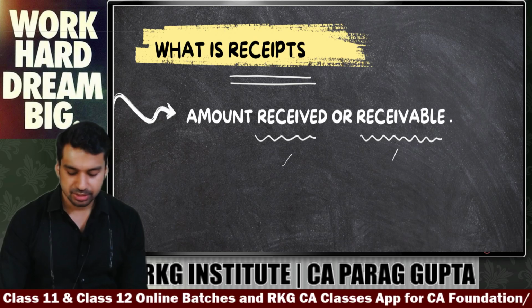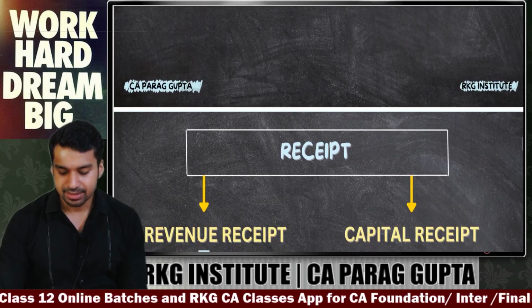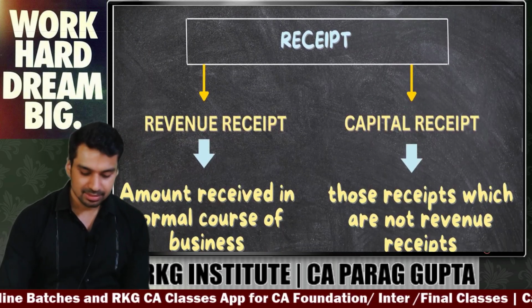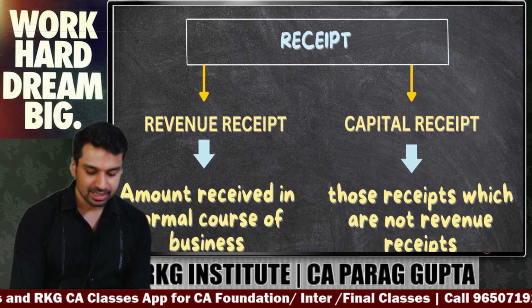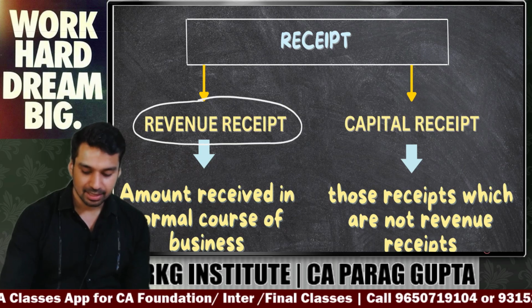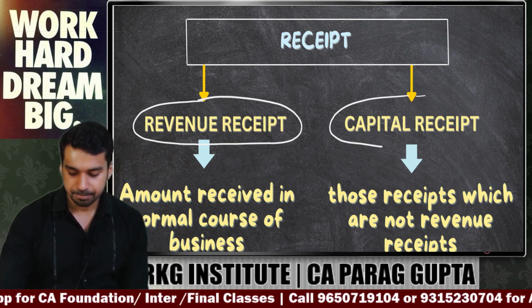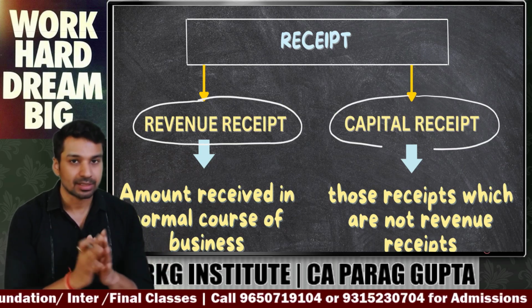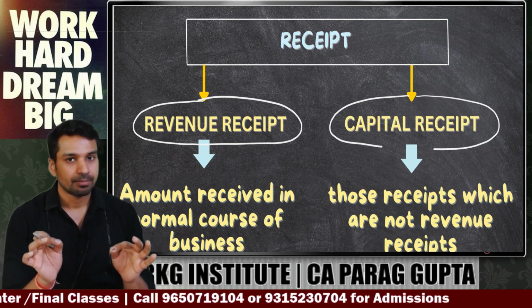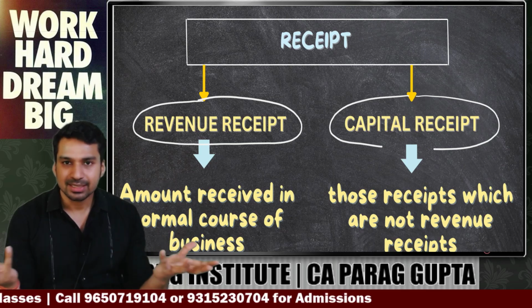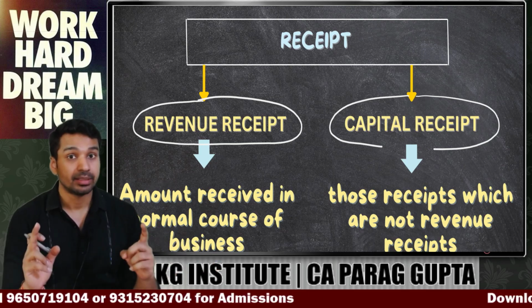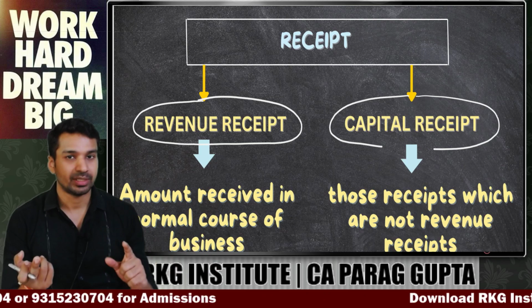Now receipts is generally categorized into two forms. This is interesting and important. One is known as revenue receipt and the other is known as capital receipt. What is revenue and what is capital? See, this is very important because I receive money, that is a very simple term, receipt, but I have to check the nature of it.